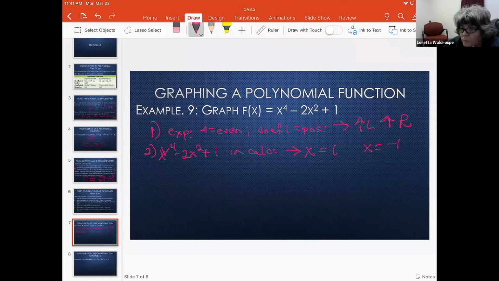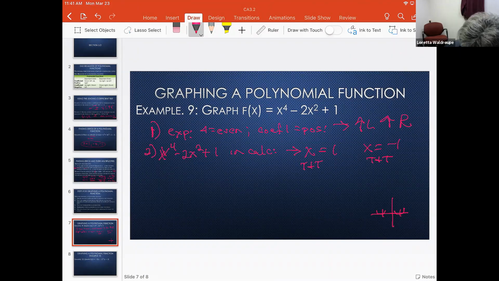Now, how do I know my multiplicity of those? Look at the graph. So my graph looks like this. At 1 and negative 1, it does that. Since it touches and turns, it means it's even.